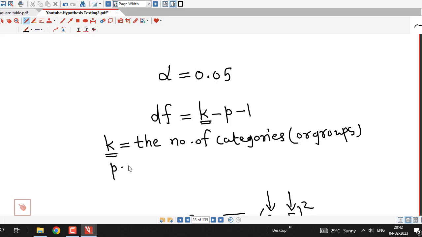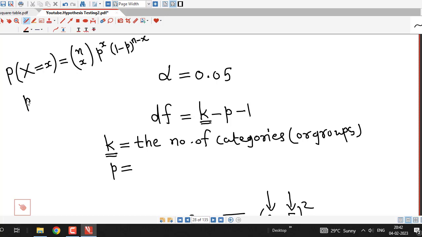What is small p? Sometimes if we want to use the probability mass function of a hypothesized distribution, suppose we assume that our population follows binomial distribution, then its probability mass function is given by nCx p raised to x, 1 minus p raised to n minus x, where small p is the probability of success.